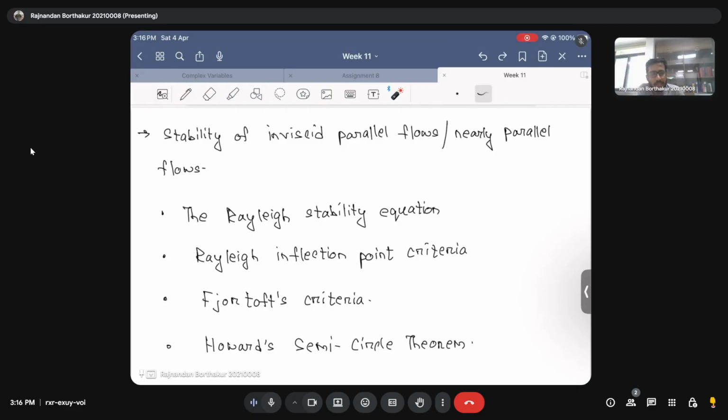Ultimately, solving for the normal modes as eigenvalues and eigenfunctions, we obtain an equation which eventually governs the stability of inviscid parallel flows. Okay.